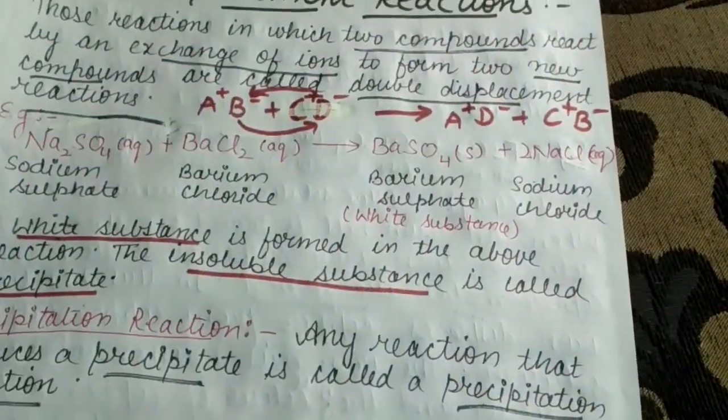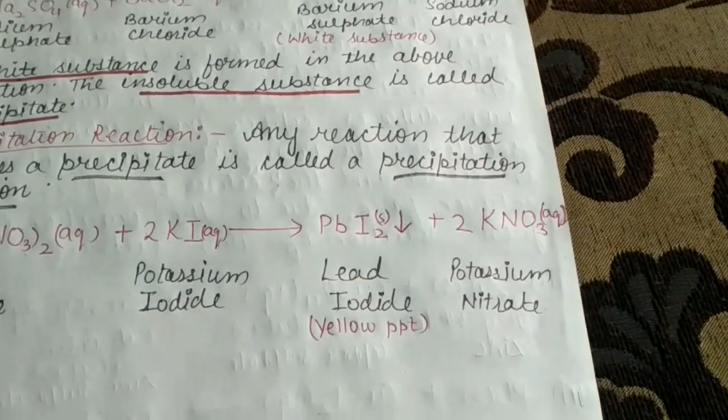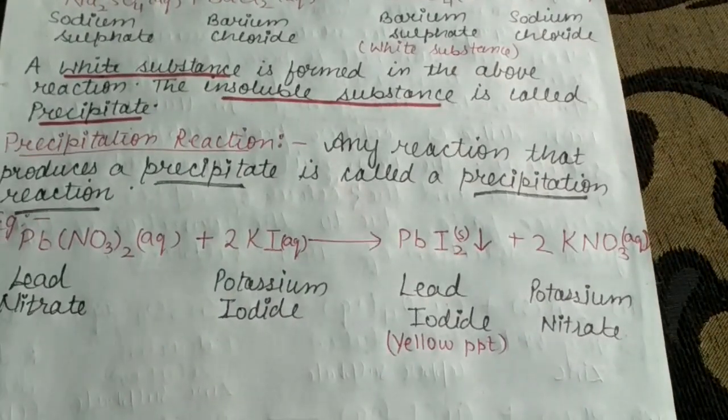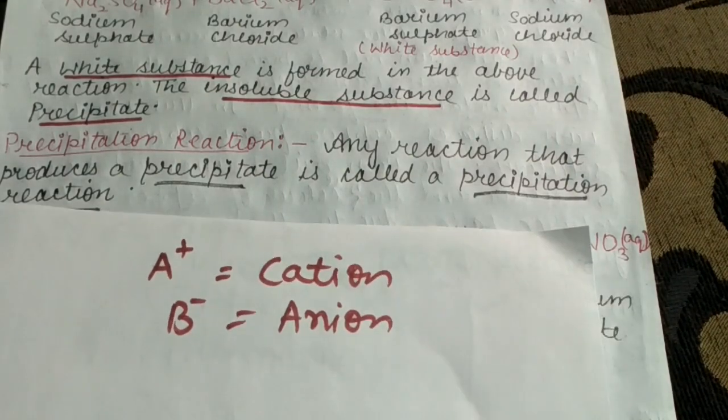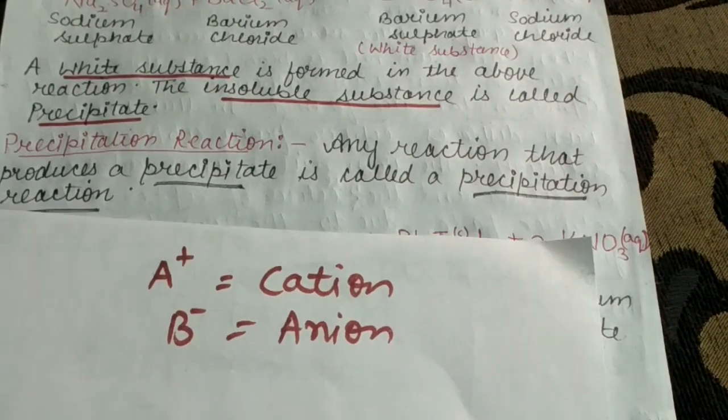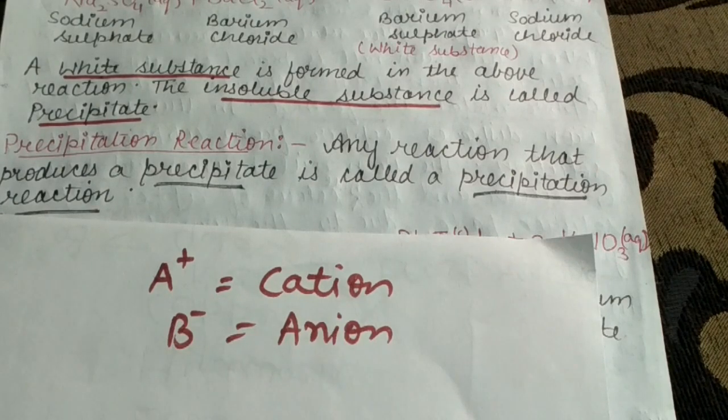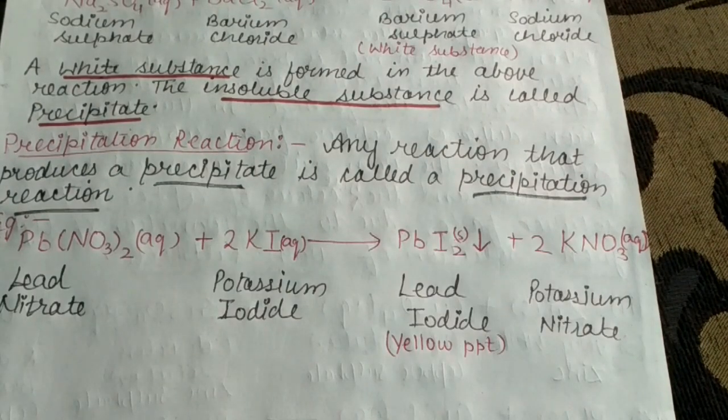So in the double displacement reactions, beta, the reactivity series is not used, only the exchange of ions is taking place. And cation and anion are also clear to you. The positive is the cation and the negative is the anion. So I think this is clear to you.